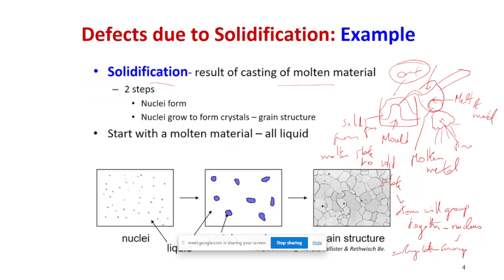Okay, and once these crystals grow they result in the formation of grains. And then we know the grain grows and it forms a macro structure. So this is kind of what happens when the solidification process occurs.